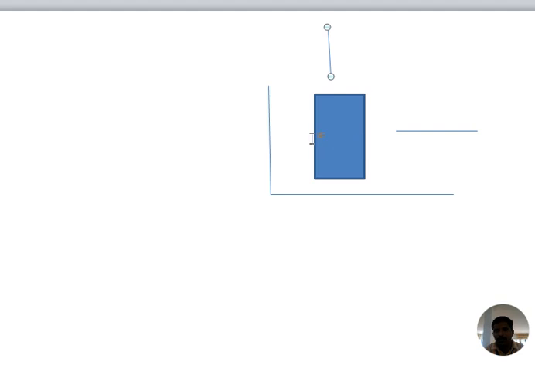The observer only sees the rectangular face in the front view.